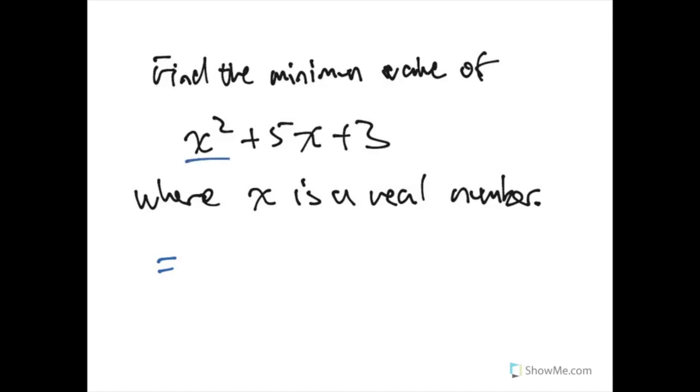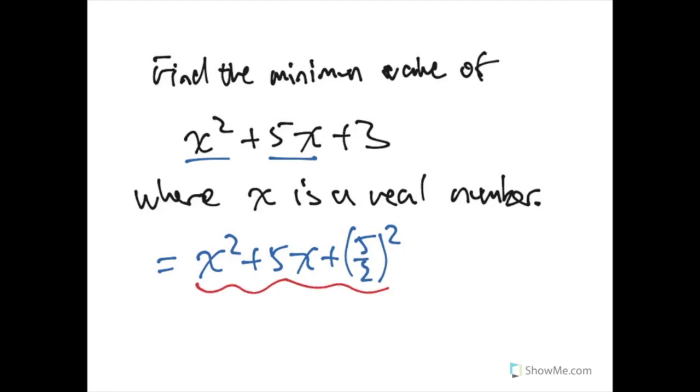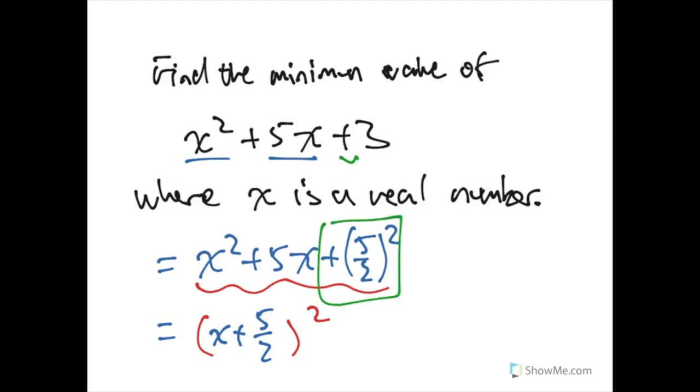So we have x squared and 5x, and if we want to perfect the square, we know that we would want x squared plus 5x plus 5 over 2 all squared, because this part here would be equal to x plus 5 over 2 all squared. Now, obviously, this part here isn't equal to 3, and so we want to account for this.